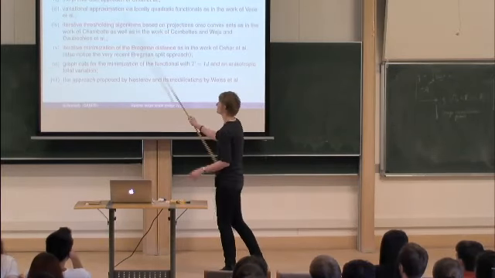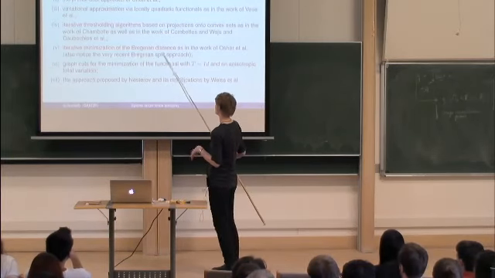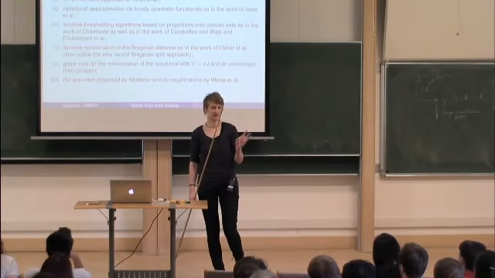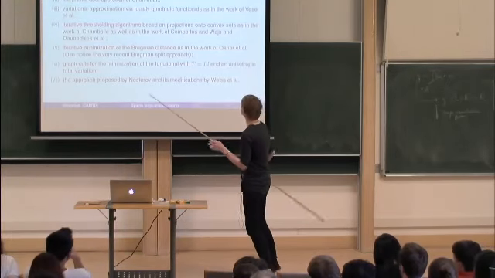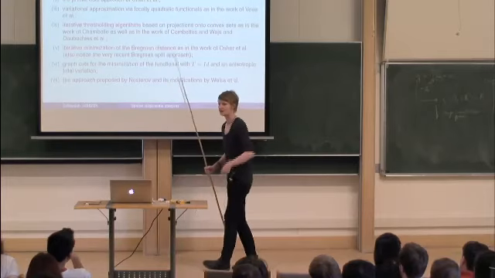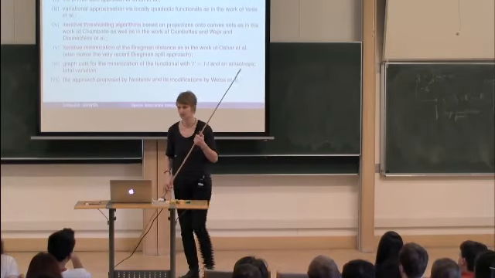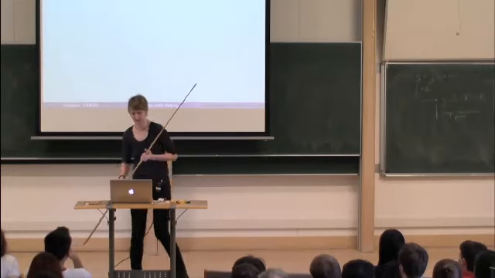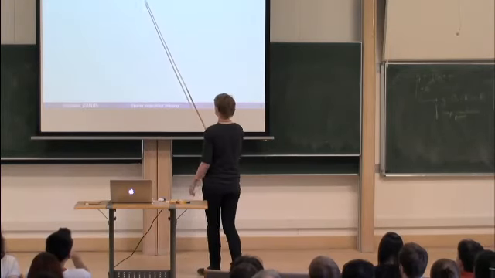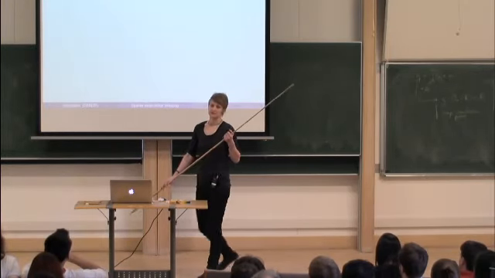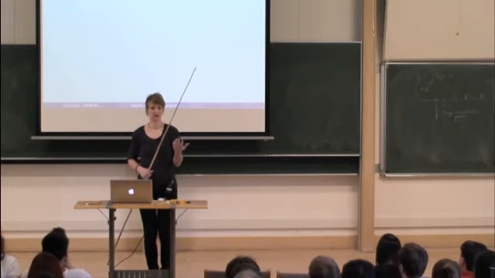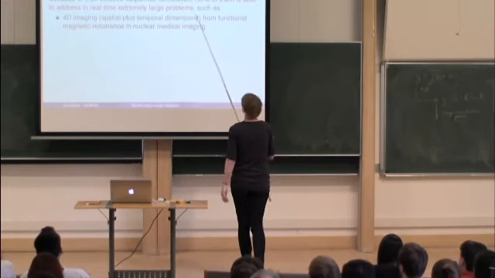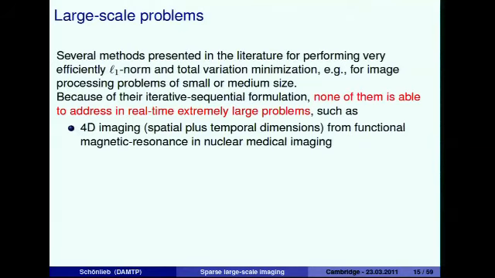However, there are a lot of very efficient methods. For example, the split Bregman method is, at least Osher is claiming this, right now the fastest method to solve total variation minimization. And it is very fast. But the problem is, if you have large-scale problems, these methods will still break down because of their iterative nature.